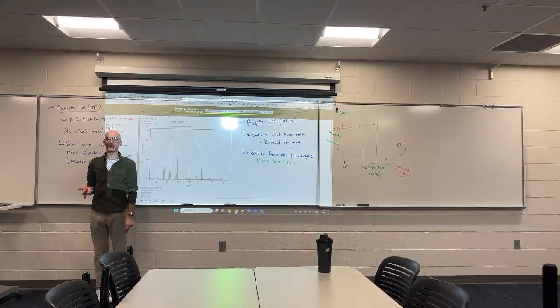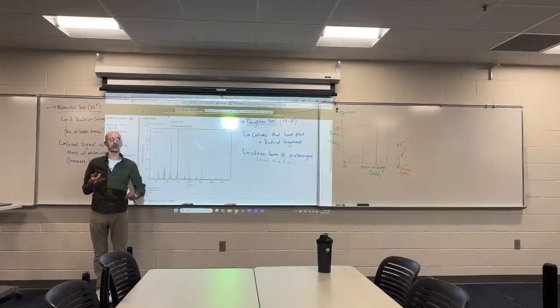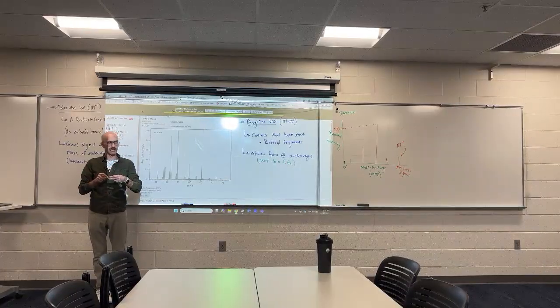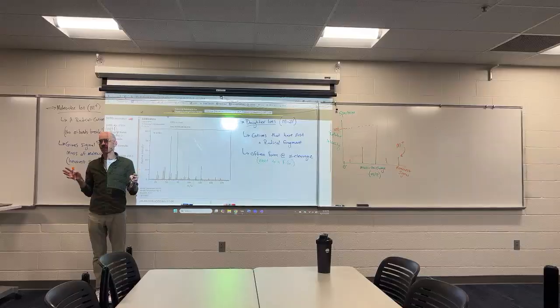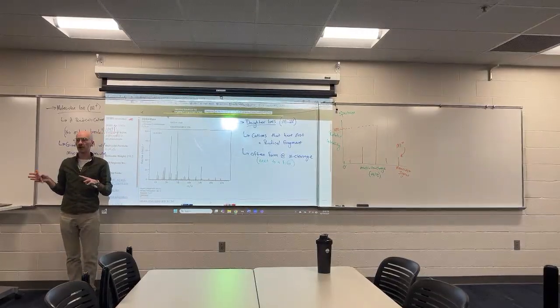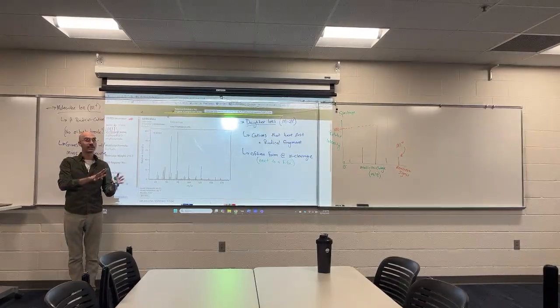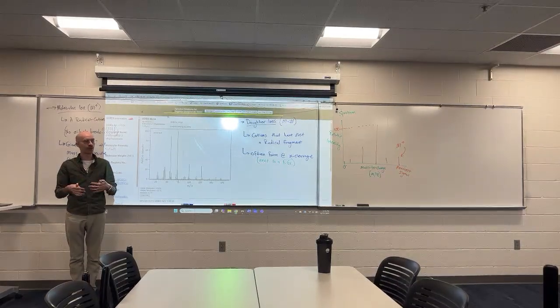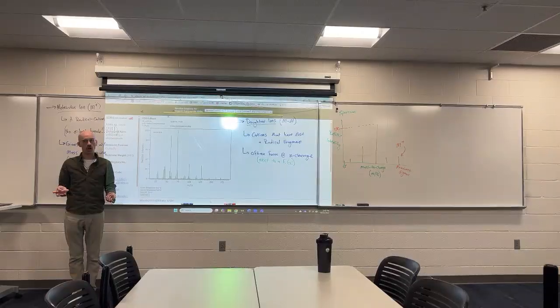When we say relative intensity, we're saying relative to the most abundant signal. 99 times out of 100, the most abundant signal is not the molecular ion. The molecular ion is often hard to form, it's unstable, it doesn't reach the detector often.